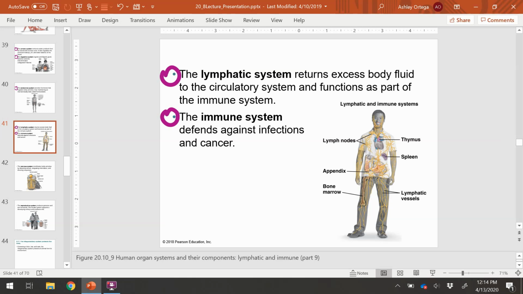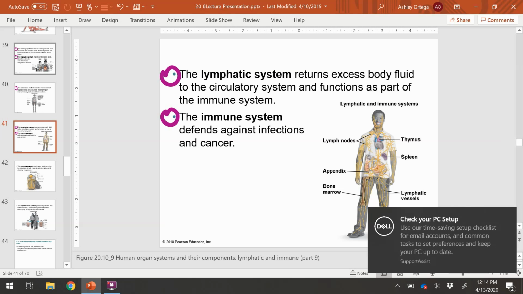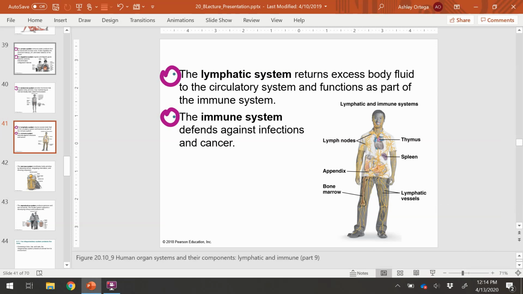Those vessels will move fluid because the muscle tissues are moving. So on its own, it's not going to be able to move the fluid, and so it's relying on the muscle tissue to do so. And so when you're lying in bed at night, your lymphatic system is not transporting very quickly, and that's why when you wake up, you can feel worse if you're already feeling bad, because that lymphatic system hasn't been able to transport very quickly.